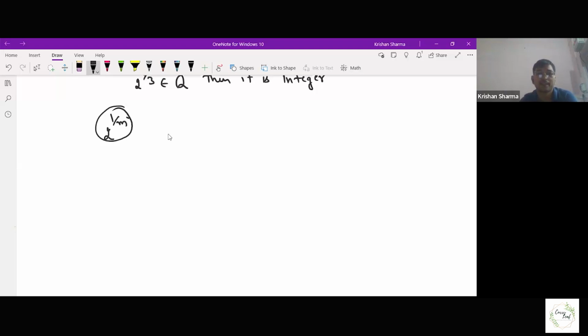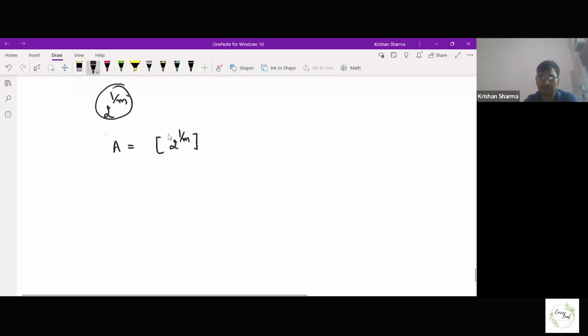Now again, the trick is the same. Take A as the greatest integer value of 2 raised to power 1 by n. Now here I want to use a different symbol. Instead of writing 2 raised to power 1 by n, I will write it as small x. There is a reason, and you will see why I'm doing it.